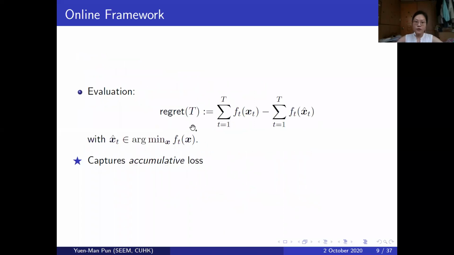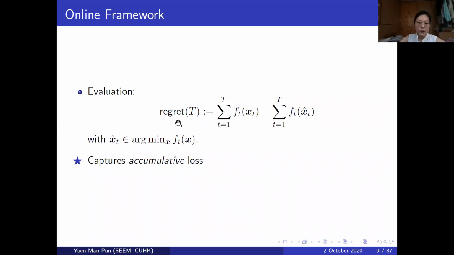In the online framework, to evaluate an algorithm, we use the notion of regret, as I've mentioned. This is defined as the summation of f_t(x_t), the loss function value of our estimate, minus the loss function value of the minimizer. In our case, the minimizer would be the ML estimate, and x_t hat is the minimizer of f_t.